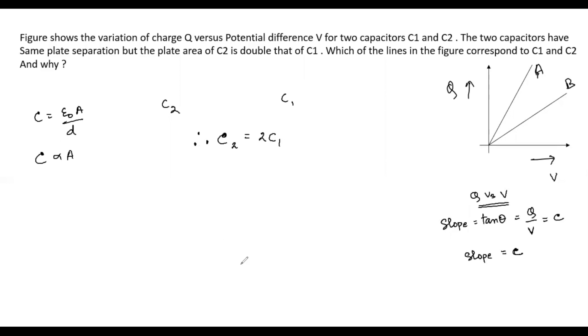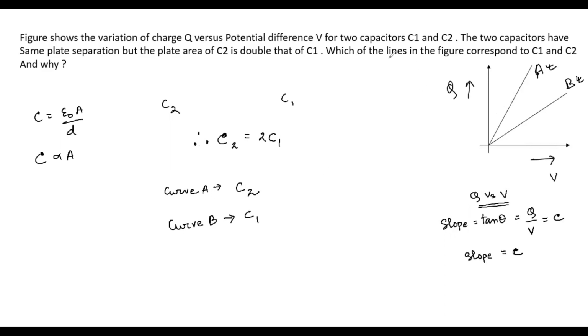Okay. Now since C2 is twice of C1, if you see this graph, the slope of curve A is greater than the slope of curve B. Since the slope of curve A is greater, and C2 is much greater compared to C1, curve A will represent the variation for capacitor C2, and curve B will represent the variation for capacitor C1.